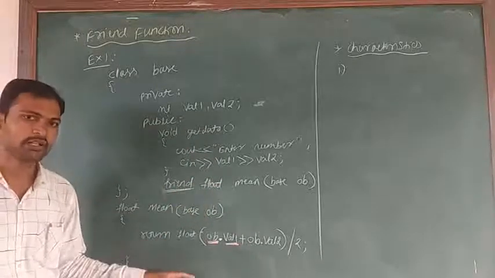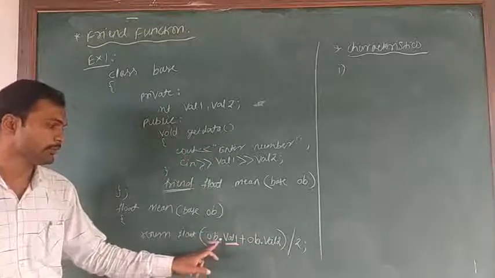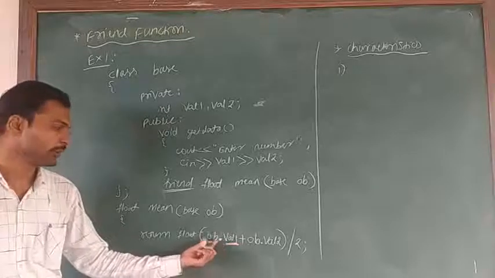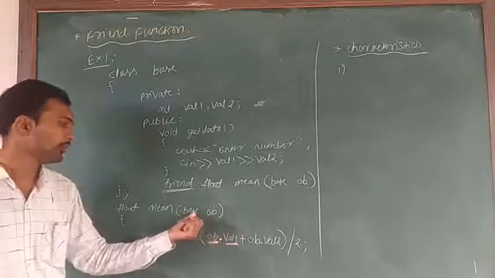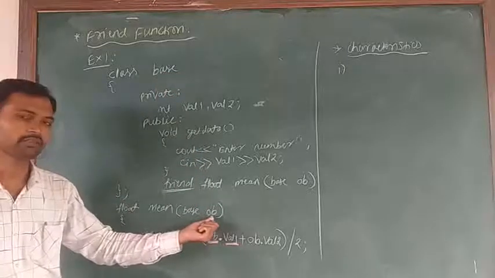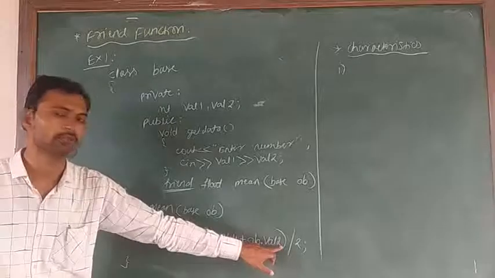The friend function can access the variables through the object name dot variable name. You can see here, OB is the object, Base is the class name, OB dot value 1, OB dot value 2.